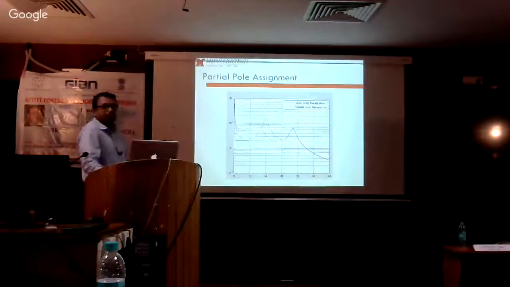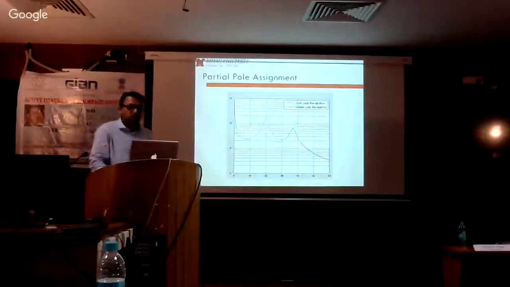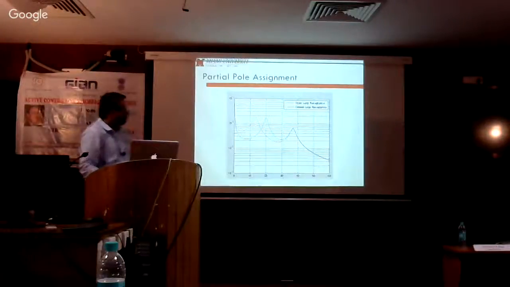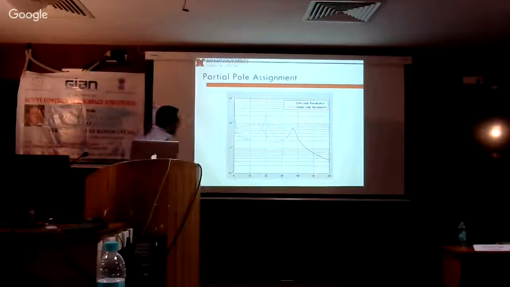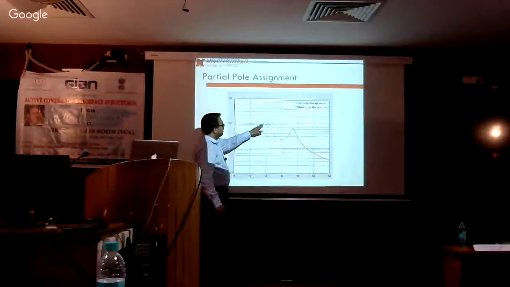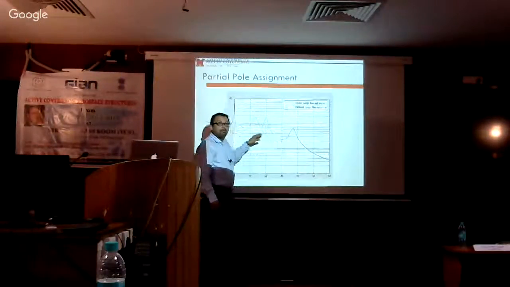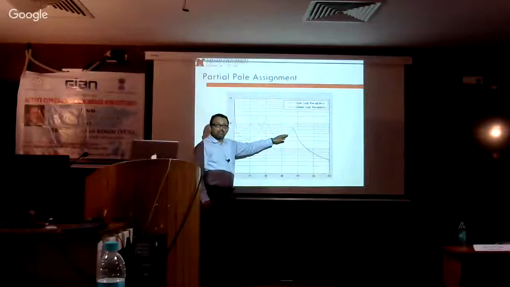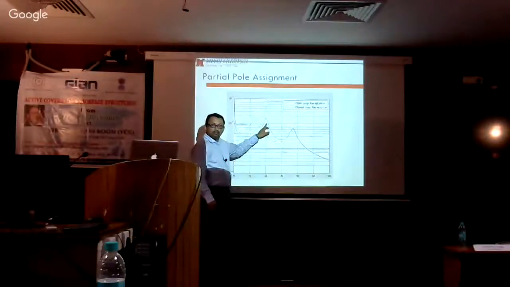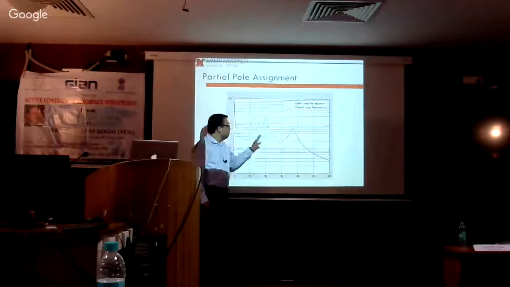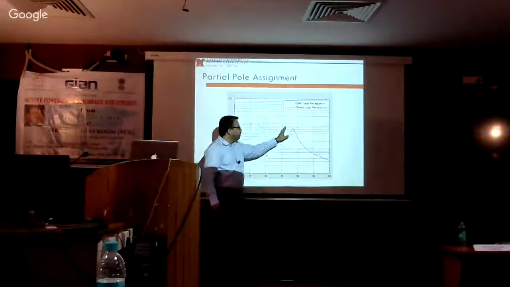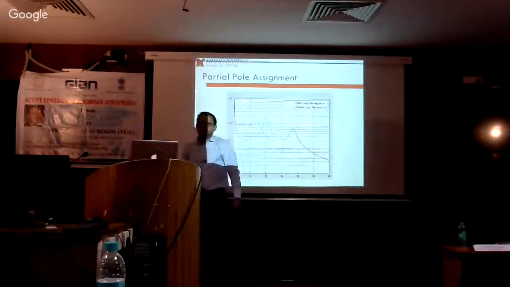So that you can calculate by expanding the state space. Then if you plot the frequency response function, this is a demonstration that for that particular speed, the red one is the open loop system, the blue one is the closed loop system. You move the poles from location 1 to location 2 without affecting the second.